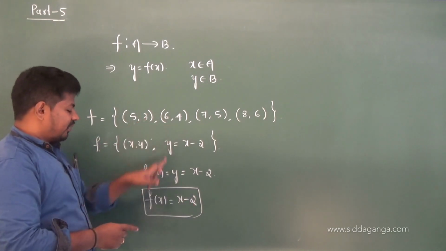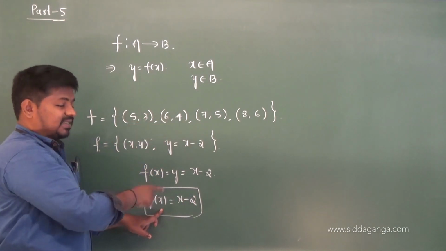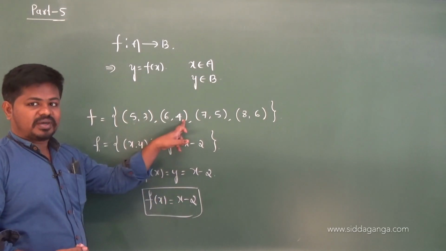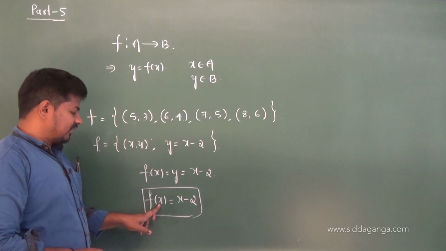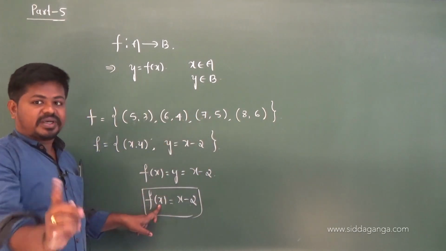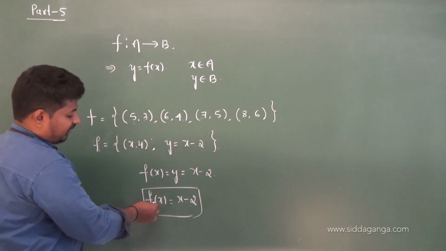In the same way, f of 6 is the y value, 6 minus 2, 4, that is the range value. f of 7 is 7 minus 2, that is 5, the range value. f of x is equal to x minus 2.